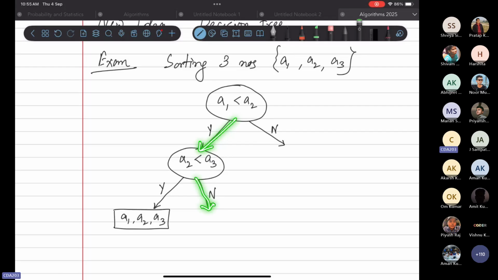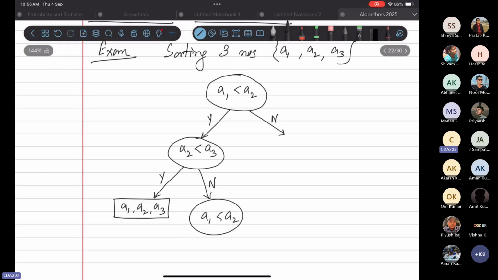It tells that both A3 and A1 are smaller than A2. At this point, I know that A2 is the maximum of all these three. To get to a sorted order, I need to make one more query. And what would be that query? I have to compare A1 with A3.